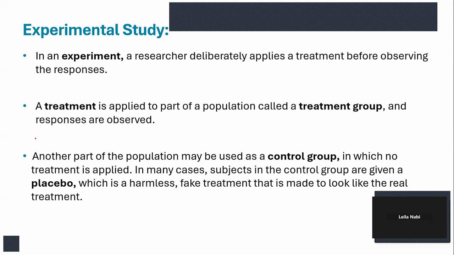And a placebo is a harmless fake treatment, like a sugar pill, which does not change anything. So remember, in any experimental study, we have two groups, the treatment group and the control group. The treatment group receives the actual treatment, and the control group receives the placebo, which is a fake treatment.